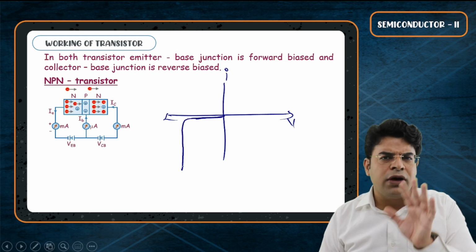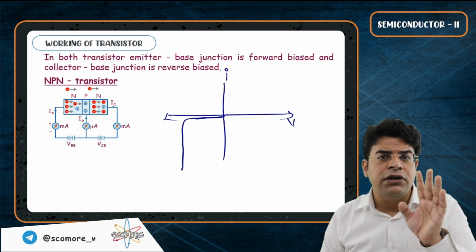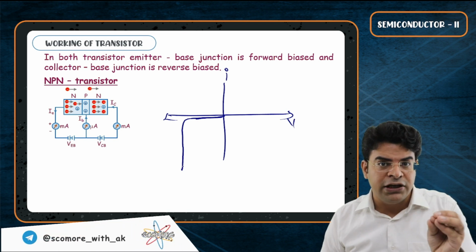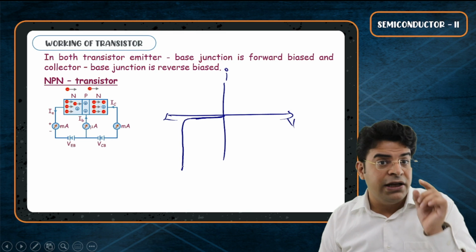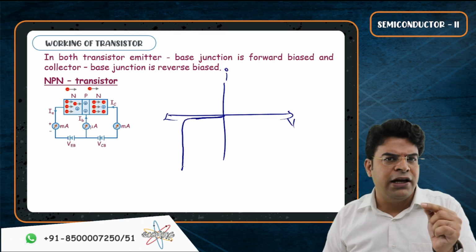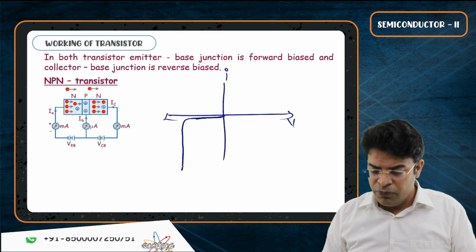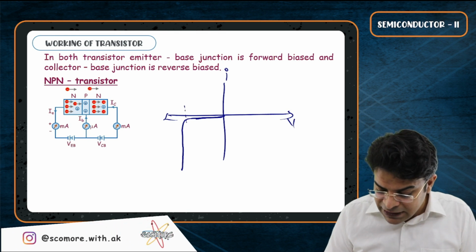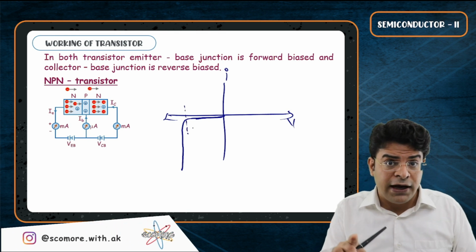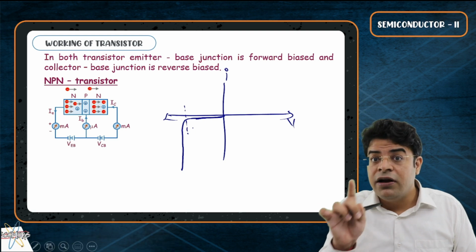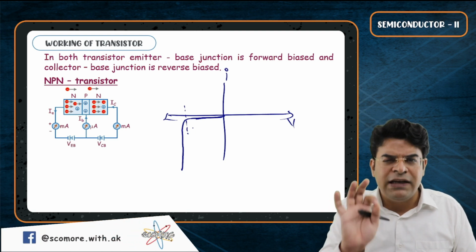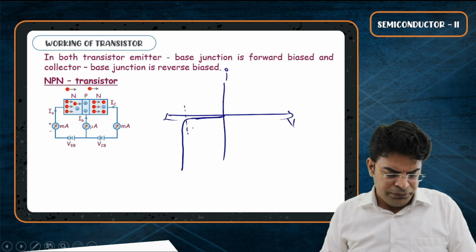When I say no current flows, it means that no current flows because of majority charge carriers. Even in reverse bias, there is a current due to minority charge carriers, but that is negligible. So we know that when a PN junction is reverse biased, there is no current or very less current till the time it undergoes breakdown.